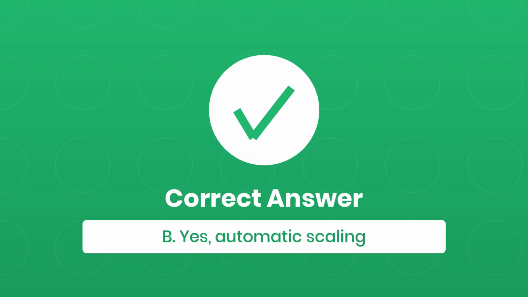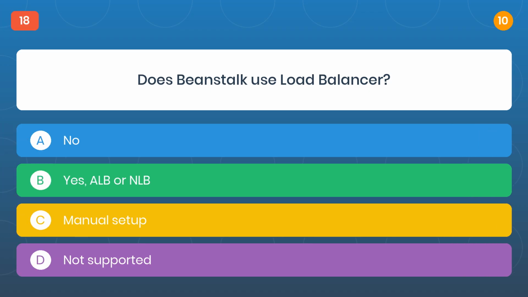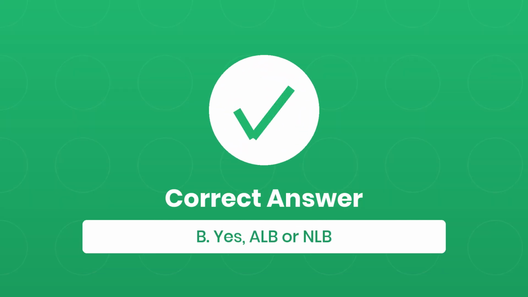The correct answer is B, yes, automatic scaling. Question 18. Does Beanstalk use load balancer? The correct answer is B, yes, ALB or NLB.